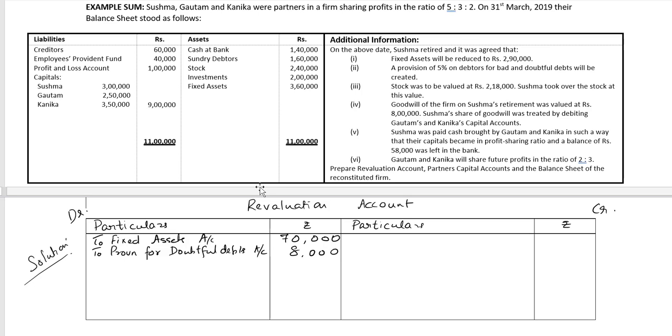Third point, stock was to be valued at 2,18,000 and Sushma took over the stock at this value. The book value is 2,40,000. We need to reduce the value to 2,18,000 rupees. So we'll reduce the value of stock also. To stock account, the difference 22,000 rupees.